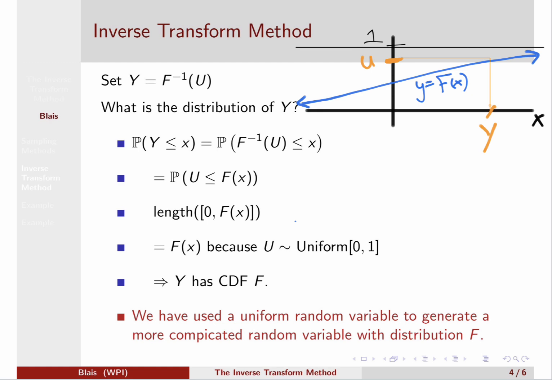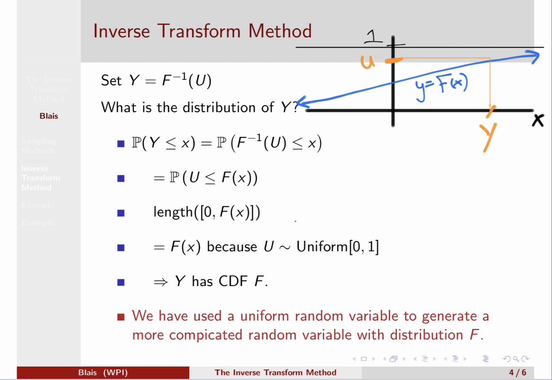So we can think of it like a filter. Again, we generate a random probability, some random number in between 0 and 1 here, uniform. Then we send it over through the inverse of the CDF, and that spits out this y. And because we filtered it through the inverse of that CDF, y has the distribution that we want.